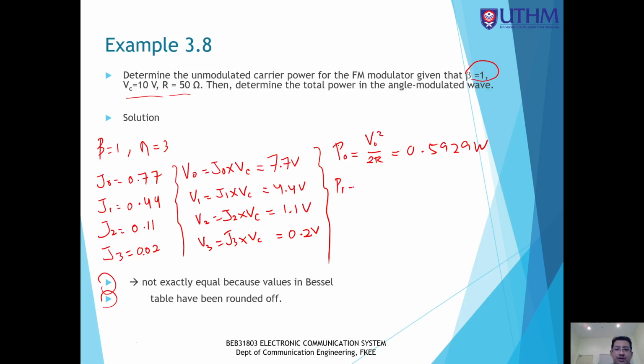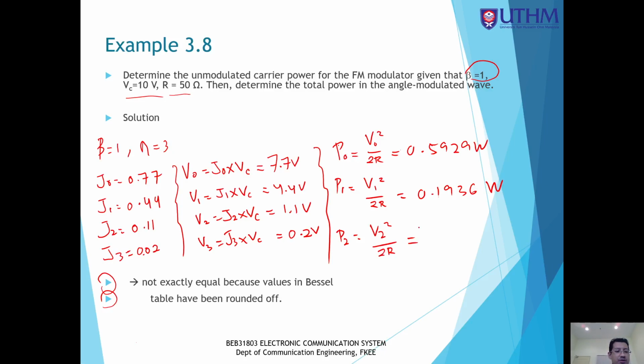So P1 is actually equal to V1 square divided with 2R. So this is 4.4 square divided with 100. So we get 0.1936 watt. P2 is equal to V2 square divided with 2R.